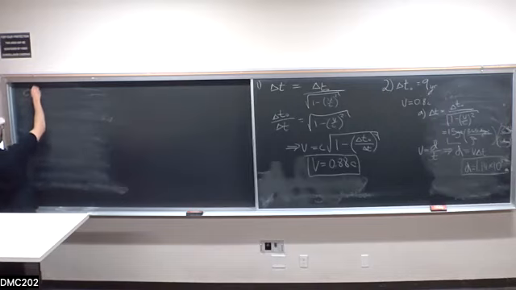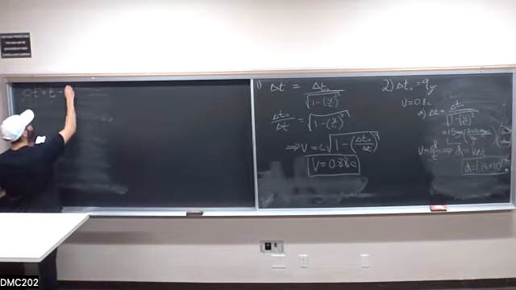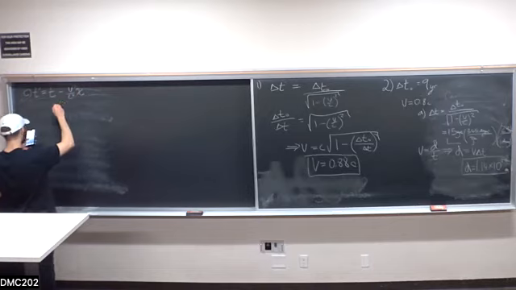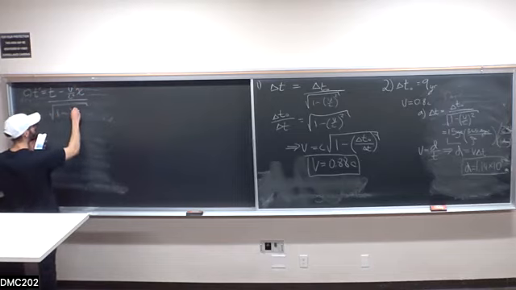The equation we're going to be using is t prime is equal to t, that's what's changing, minus v over c squared times x, divided by the square root of 1 minus v squared over c squared. So now you have the equation.